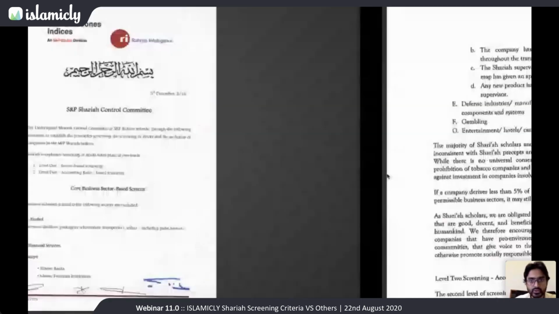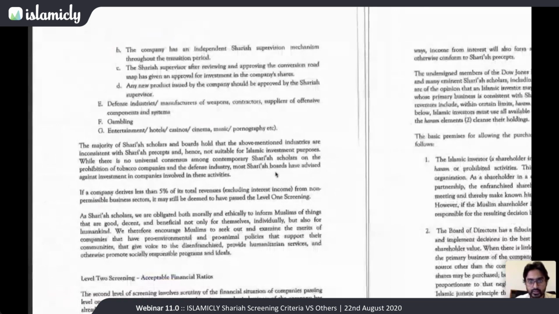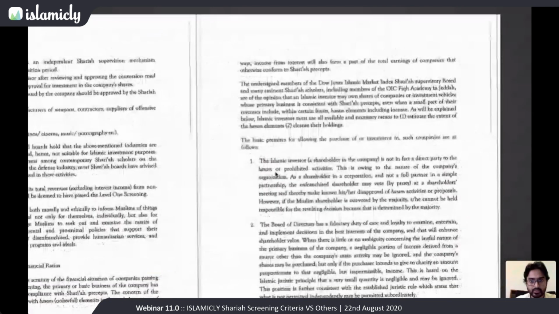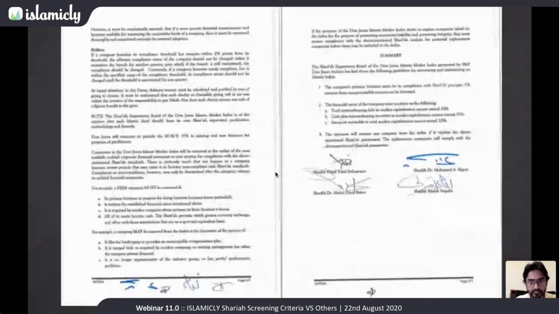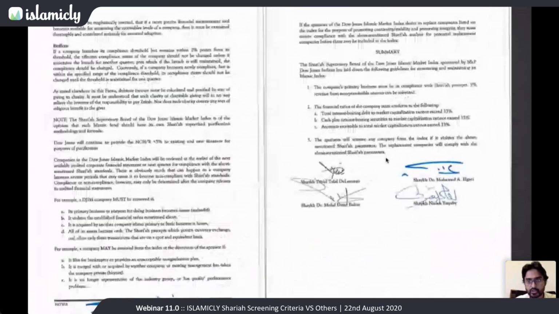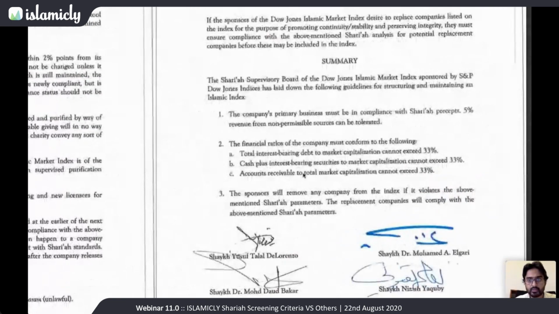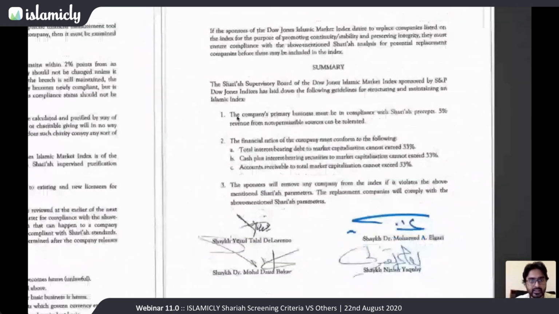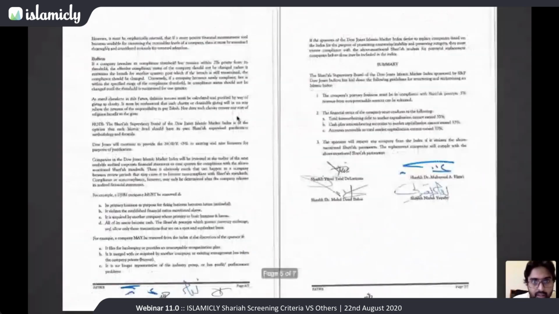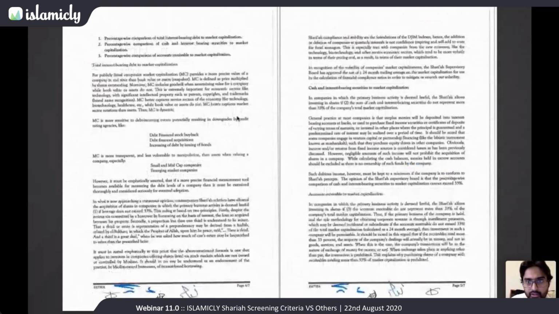Let's see the Dow Jones criteria. This is the Dow Jones criteria, and it's mentioned in their summary out here. Accounts receivables to total market capitalization cannot exceed 33%. Right? Although the word used over here is total market capitalization, it has been defined in the criteria that it should be 24 months.